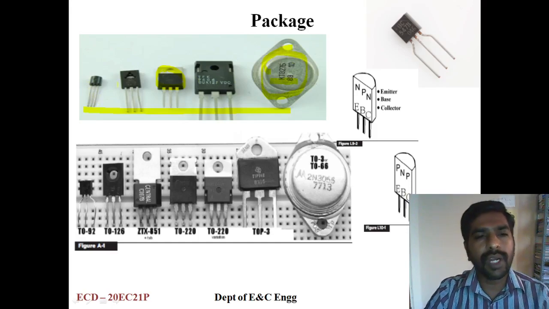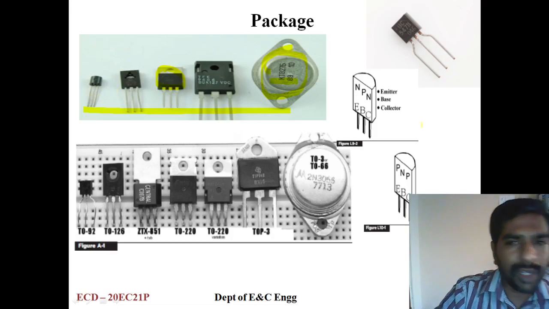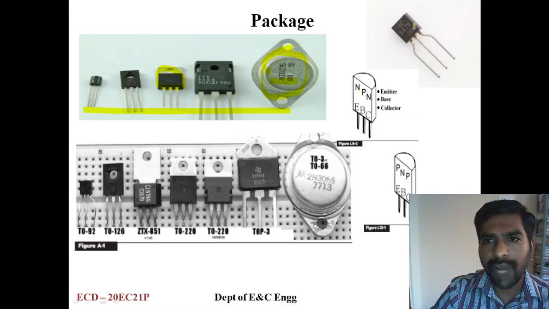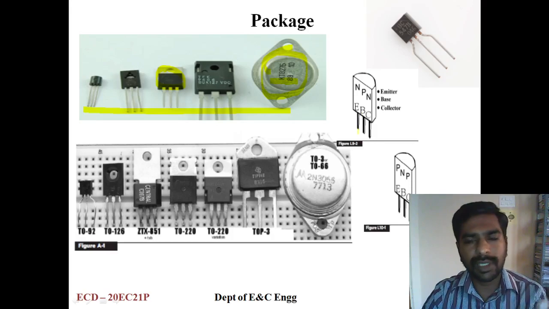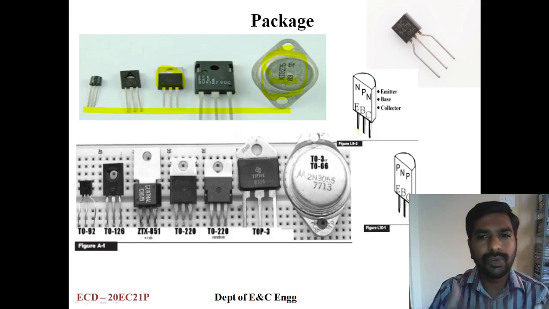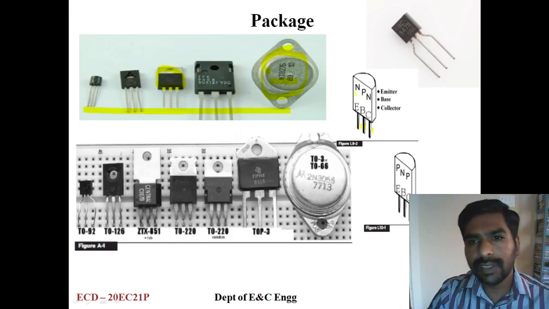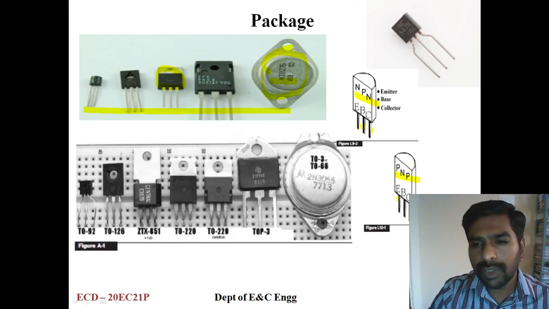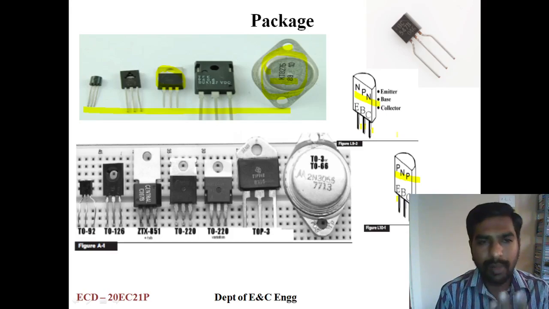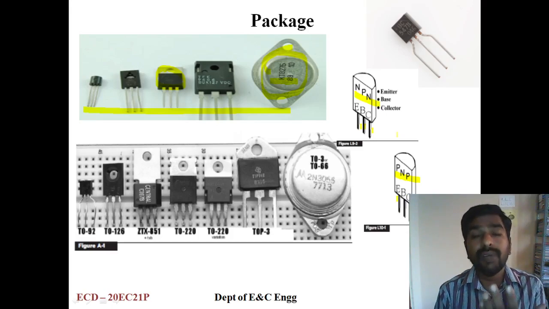Here's how you can identify the terminals. If the transistor has a flat surface, hold the flat surface towards your face, and from left to right it is emitter, base, and collector. This is for NPN, and for PNP also it's emitter, base, and collector. This is the way you can identify the base terminal of the transistor.